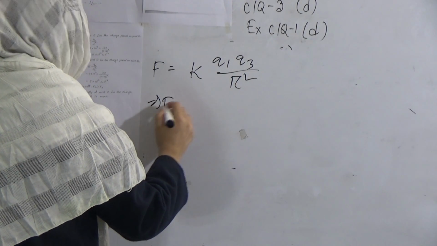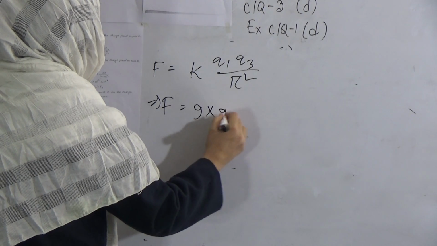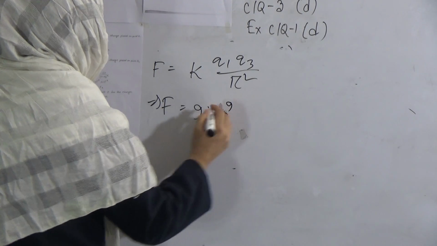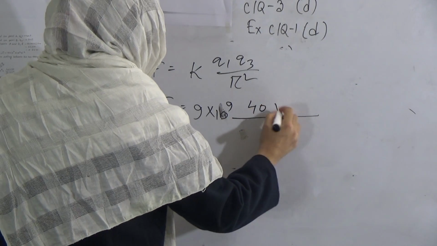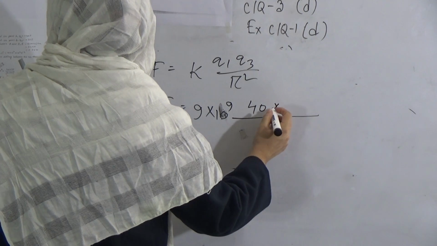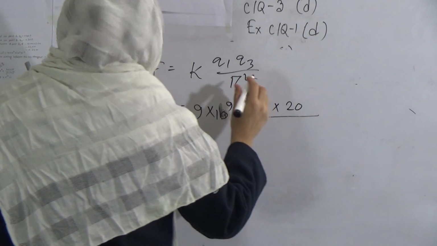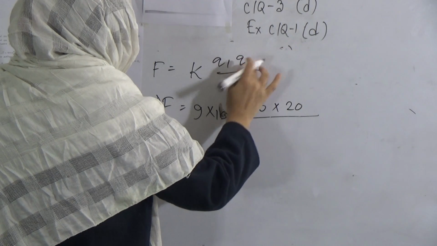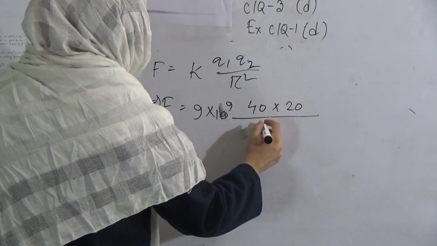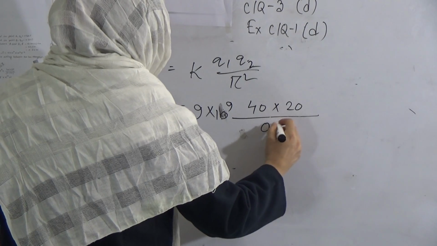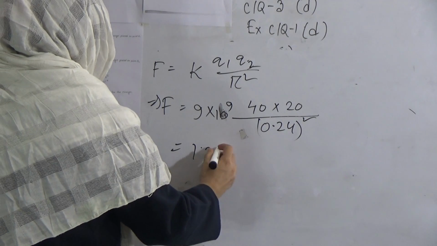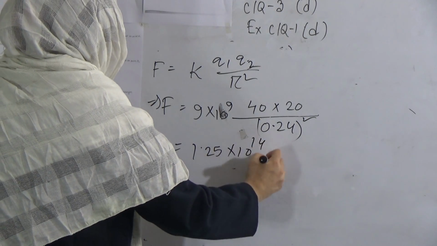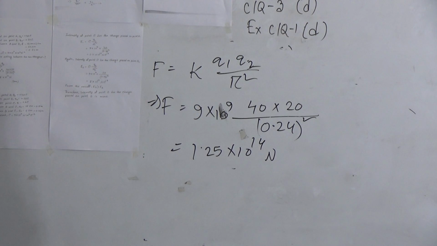Here F equals 9 into 10 to the power 9, into Q1, given 40 Coulomb, into Q2, given 20 Coulomb, divided by R, the distance, 0.24 whole square. By doing this calculation we find 1.25 into 10 to the power 14 Newton. My dear students, I think all of you have understood this calculation.